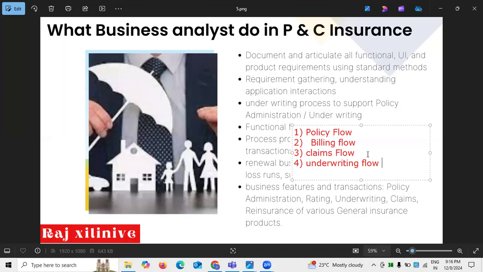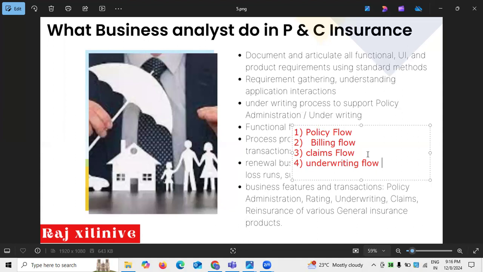So we require some kind of subject matter expert to do that, because technical people cannot understand all these business terminologies involved in this. Technical people may be good at technology, so they can develop logic for a particular flow, for example the policy flow. Logic can be implemented by writing a program. That can be done by them.